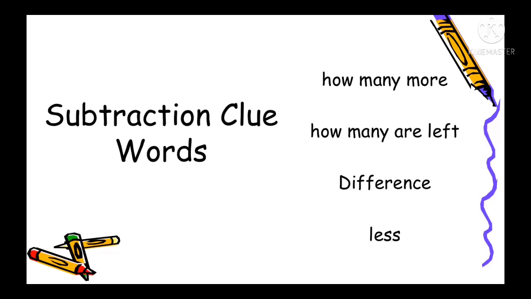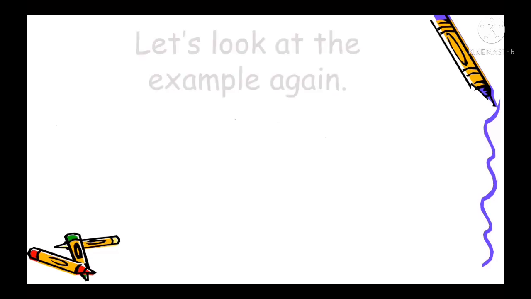Good job. So that is how we get a plan, and that is only for step 2. We need to find a clue and decide what operation we need to use, addition or subtraction.